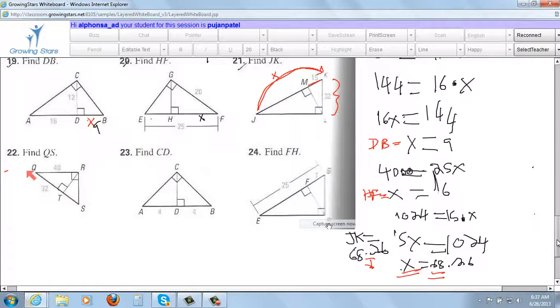So 40 squared is equal to 32x. 40 times 40 is 1,600 equals 32x. So 1,600 divided by 32, X equals 50. Correct.